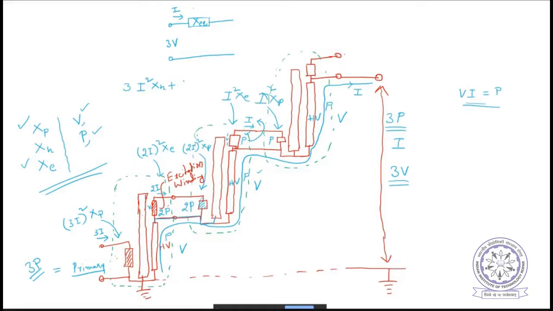One is 3I whole square XP, that is 9I square XP for the first transformer, and for the second transformer plus 4I square XP, plus, I'll draw a line like this, plus I square XP.